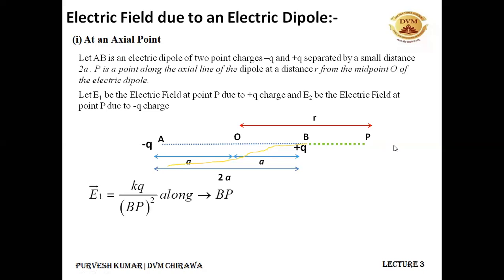So E1 is along BP and it is given by KQ upon BP square because the distance between point P and charge is BP. So it is KQ upon BP square along BP. That is the value of E1, and the direction looks like this. It is away from this point P because it's a plus charge, and for a plus charge the electric field is always moving outside the charge.